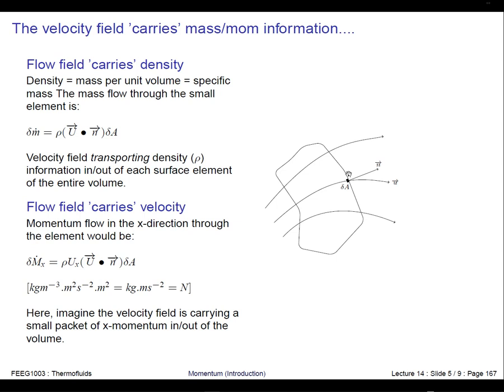So hopefully you can understand why this is a momentum balance, because this flow of momentum in and out of a control volume is actually creating a force on this surface. And like a jet engine, you have a small amount of force on the inlet and you have a lot of force on the exit of a jet engine, so you have an imbalance of force on the control volume.